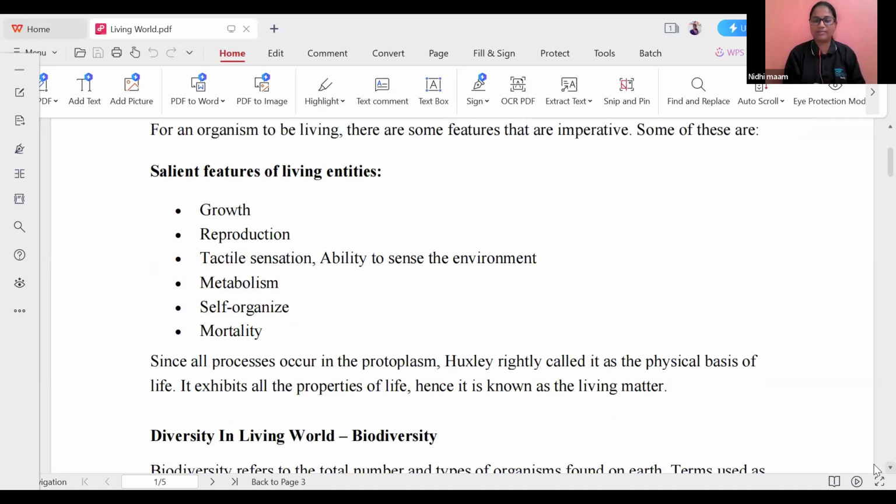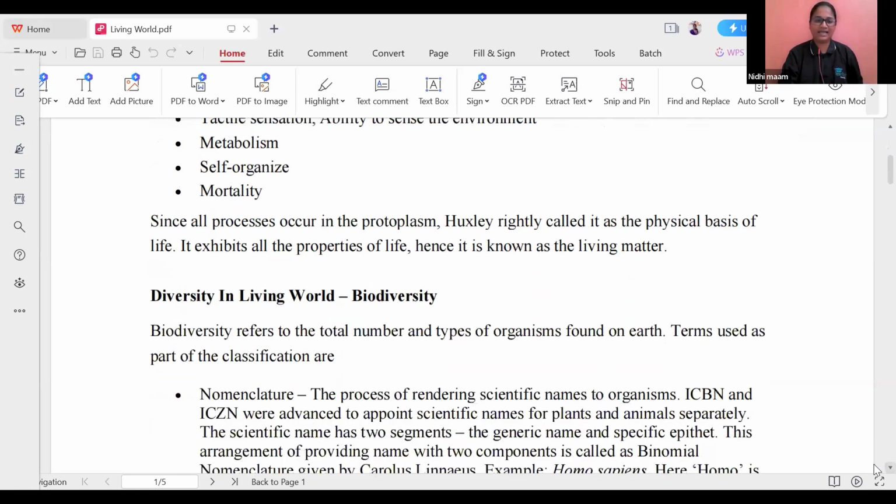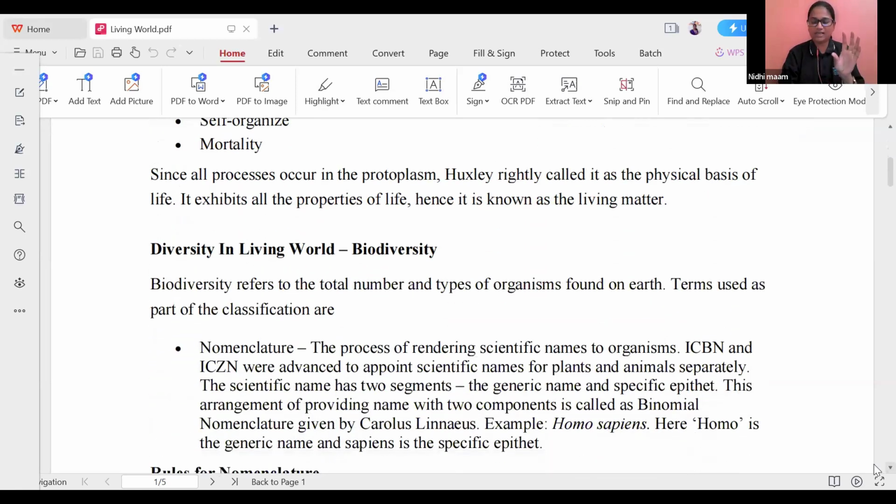That is growth, reproduction, tactile sensation, ability to sense the environment, metabolism, self-organization, mortality. These are all the salient features of a living entity. We are only focusing on the points which are important for CET. I am not dealing with all the synopsis of the lesson here.